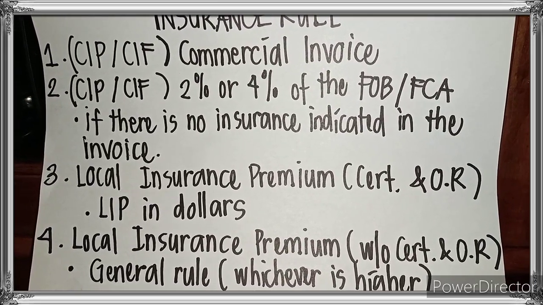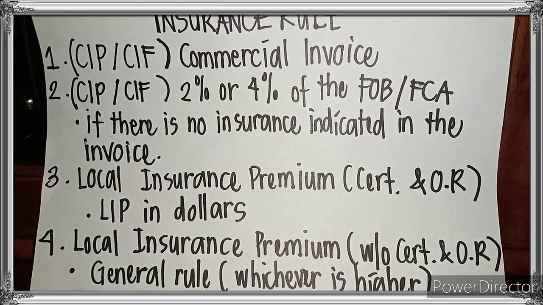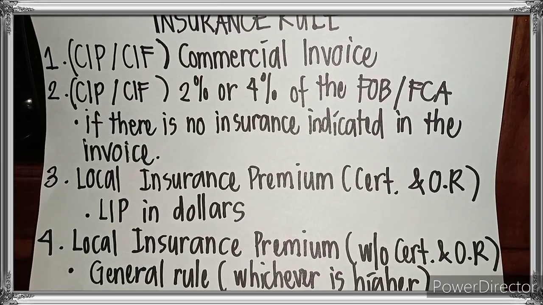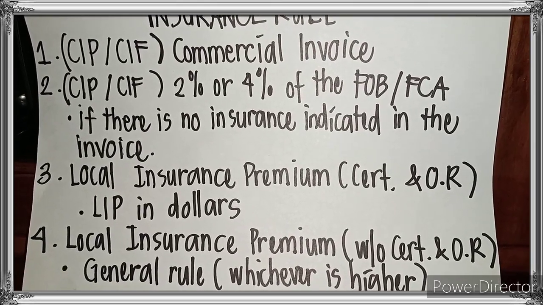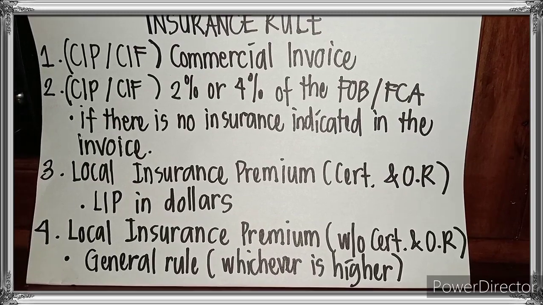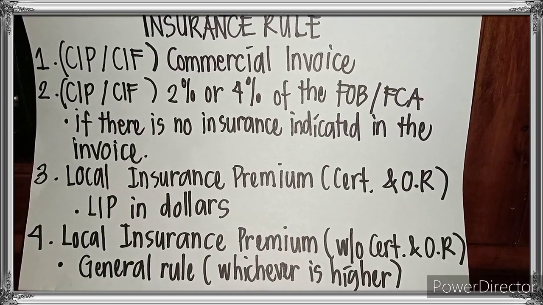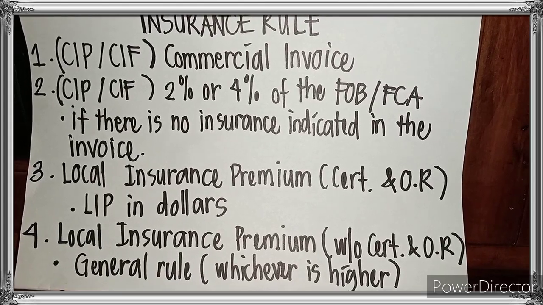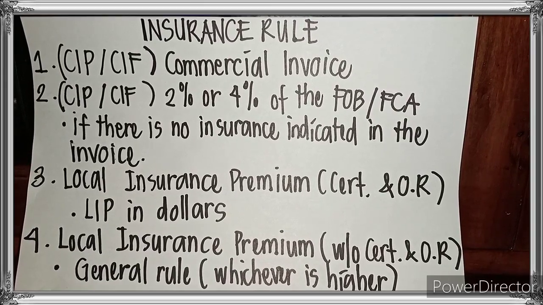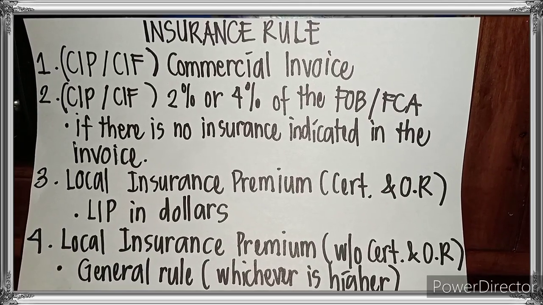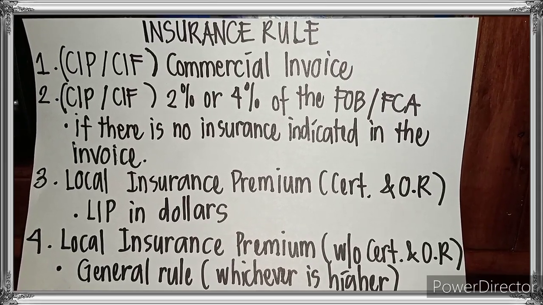So products that do not belong to any of the mentioned categories are classified as general cargo and thus subject to 2% insurance. Rule number 3. If the importer provides local or domestic insurance, the dutiable insurance shall be the amount of local or domestic insurance, provided the importer presents certification and official receipt of such insurance.